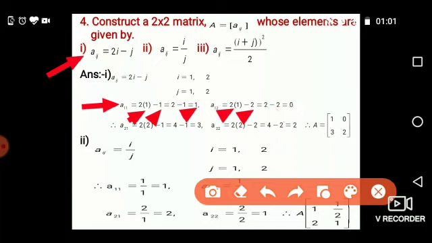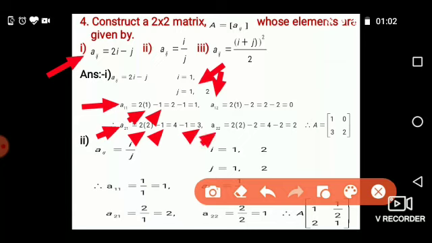Similarly, if I is 2, J is 1, we'll get an element A21. Therefore, A21 is equal to 4 minus 1 is equal to 3. Likewise, if I is 2, J is 2, we'll get an element A22. Therefore, 4 minus 2 gives 2.